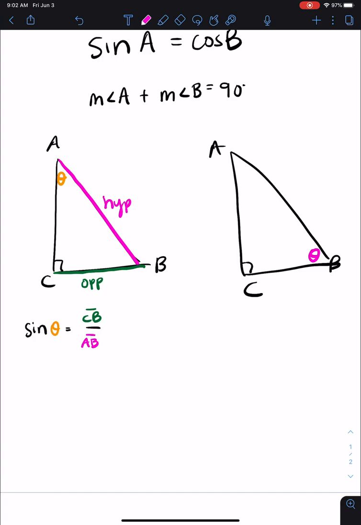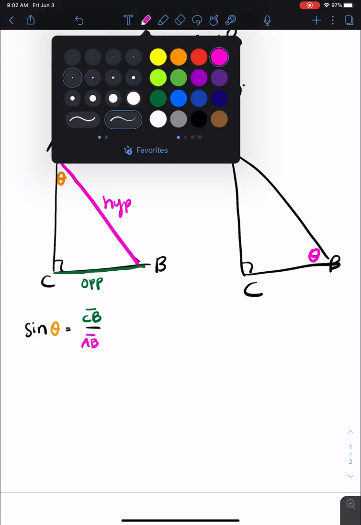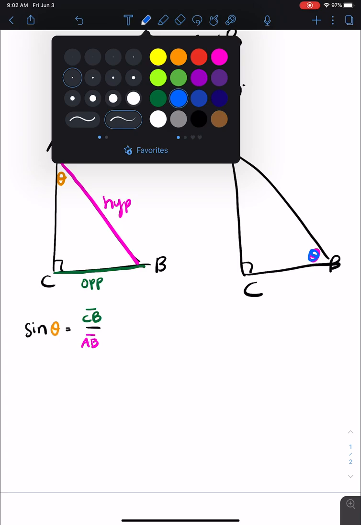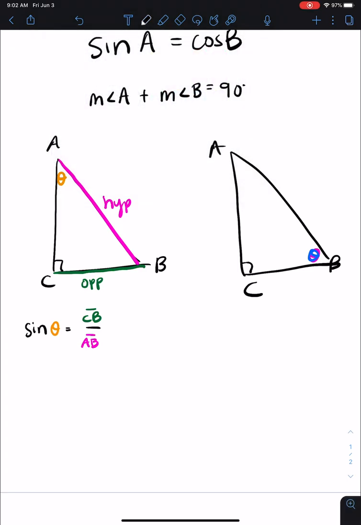And now, instead of looking at angle A, let's look at angle B. And this time, we're going to take cosine of angle B. So instead of sine, we're going to take cosine, and let's see what happens. In this scenario, we want the adjacent side, and the adjacent side here is CB.